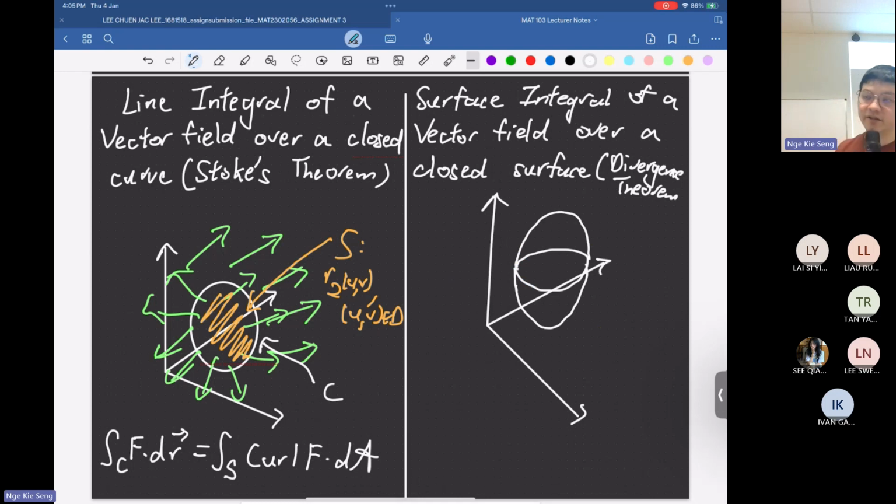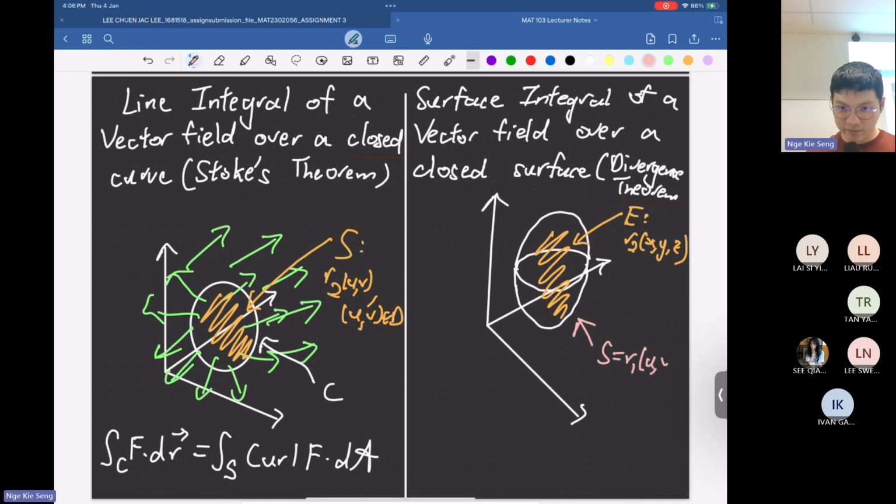A sphere is a closed surface, so it bounds a ball. If you fill in the sphere, you will get a ball. Let's call it E in R^3, with coordinates x, y, z. And then the surface, we also parameterize it, using u and v. Can you notice something or not? Okay, let's parameterize the curve first.